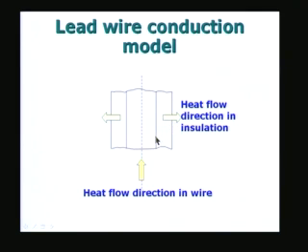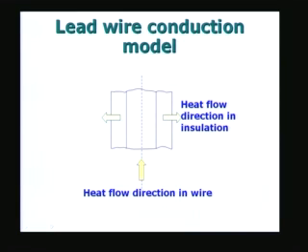That means that we are going to model the lead wire conduction as one dimensional conduction along the wire in the axial direction, and the heat flow in the insulating layer in a direction normal to the axis of the wire. So, actually in the radial direction.